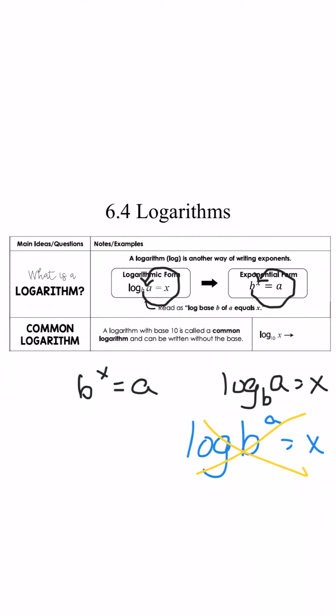We do not write it that way, okay? It's as if you've got this line here on your paper, and you would write log, and you put the b just real small, and then of a equals x. So that's how you would write that.